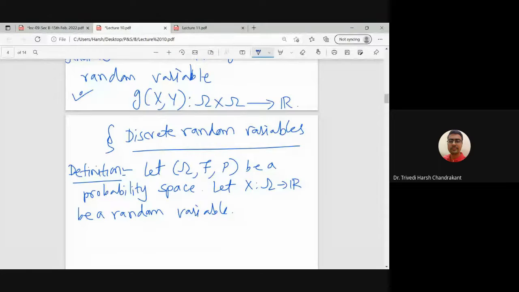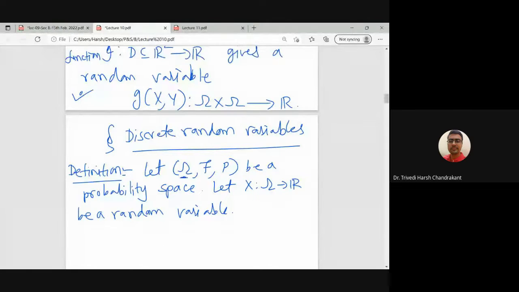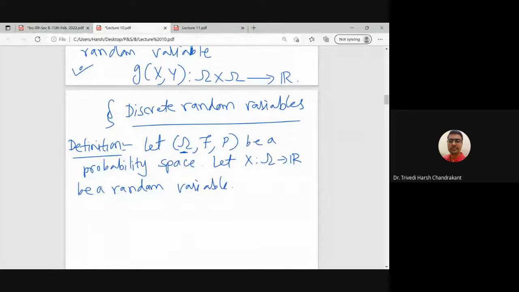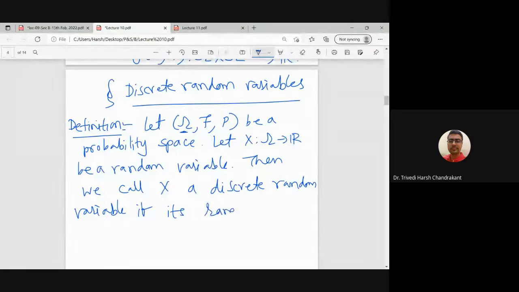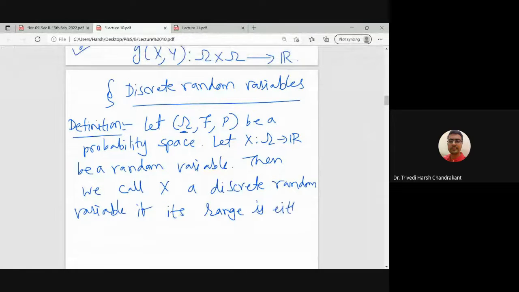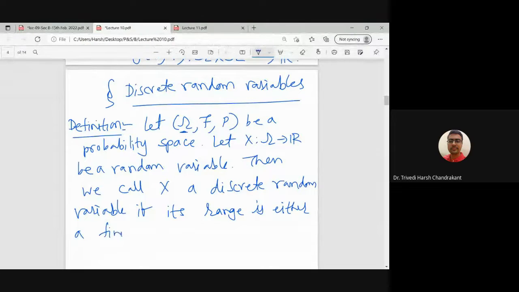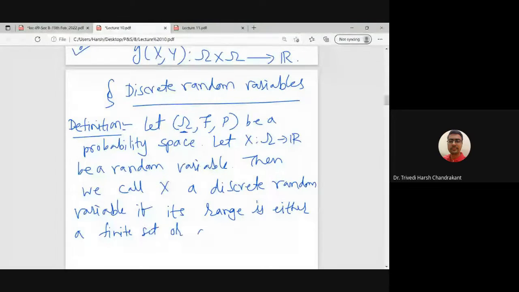So X is a random variable on this sample space omega, then we call X a discrete random variable if its range is countable. Its range is either a finite set or a countable set.